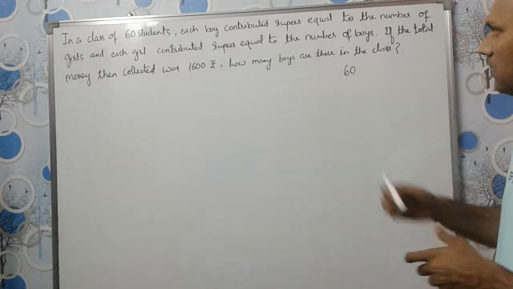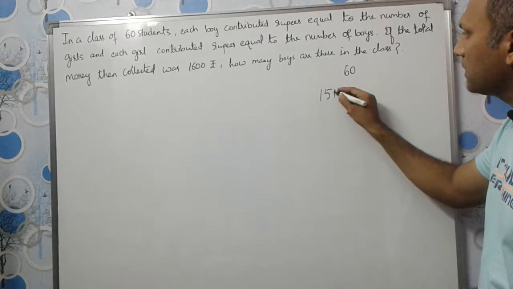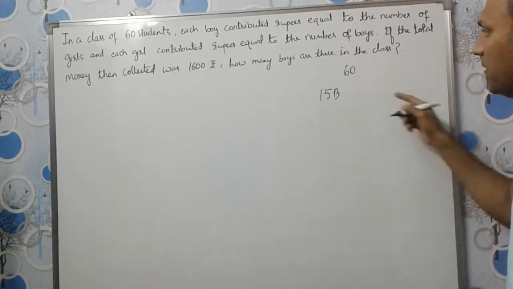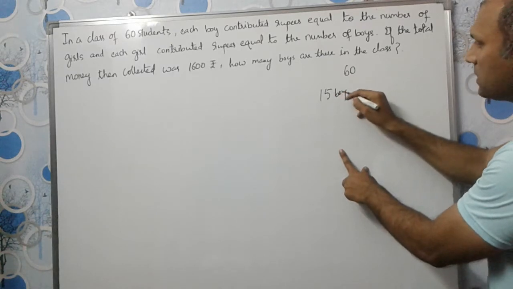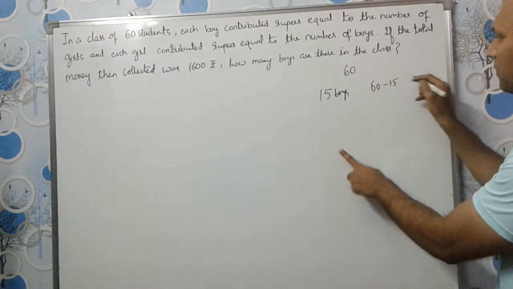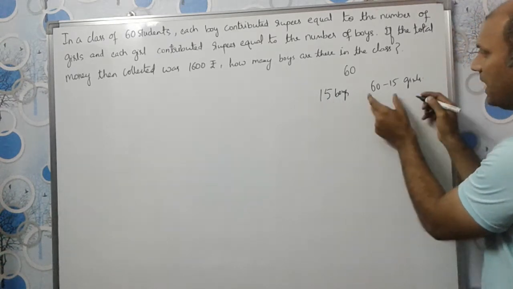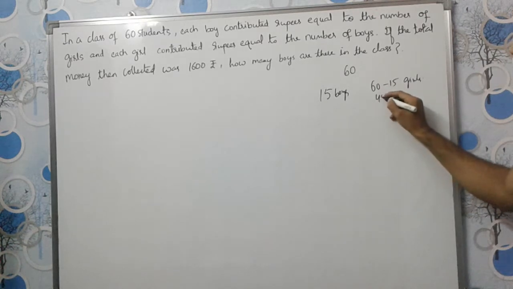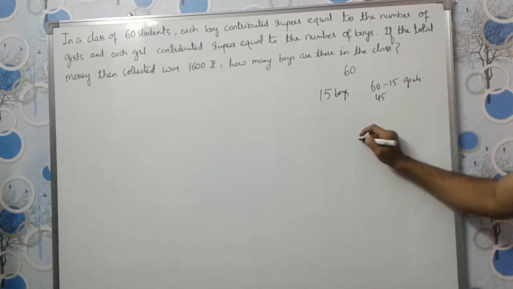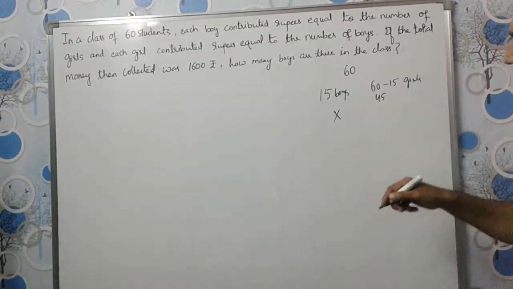Alright. Now see here. Let us say if there are 15 boys, how many girls will be there? Tell me. If there are 15 boys, 60 minus 15 girls will be there, right? Because 15 are boys and the total should give us girls. 60 minus 15, so how much? 45 girls will be there. Now let us take the number of boys as x.